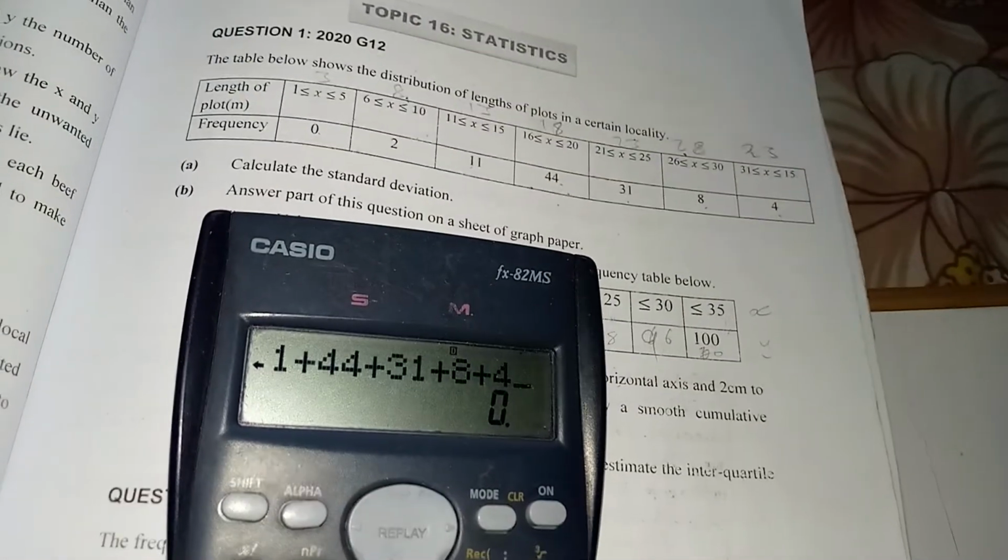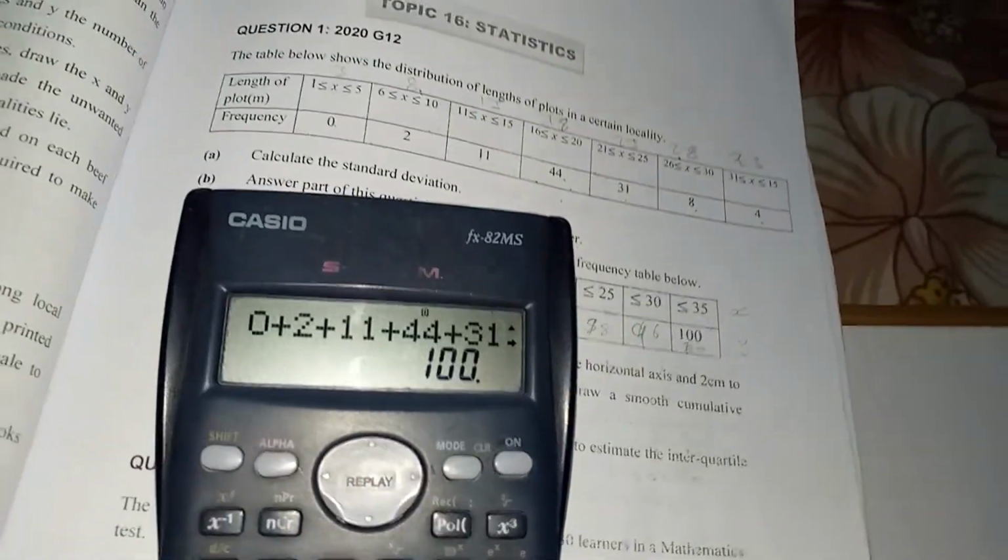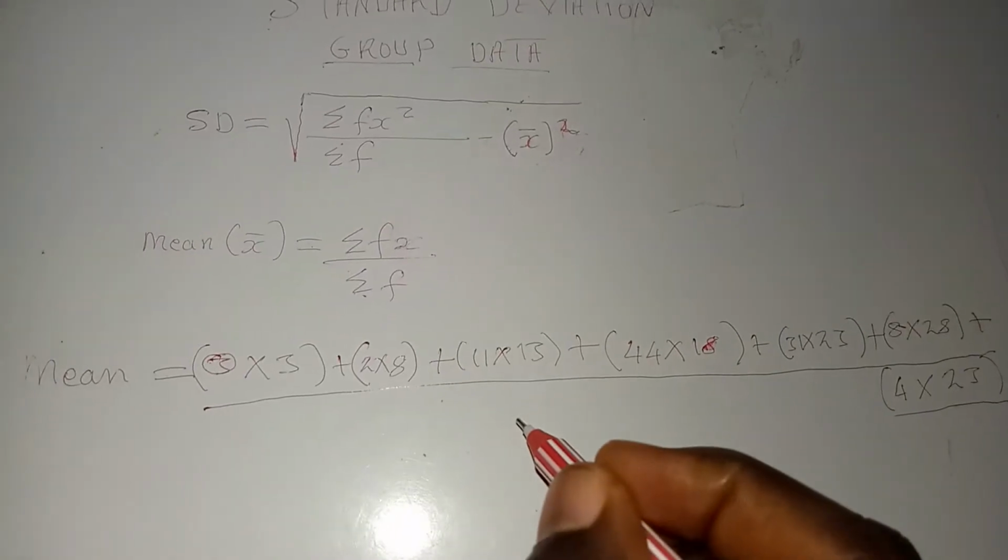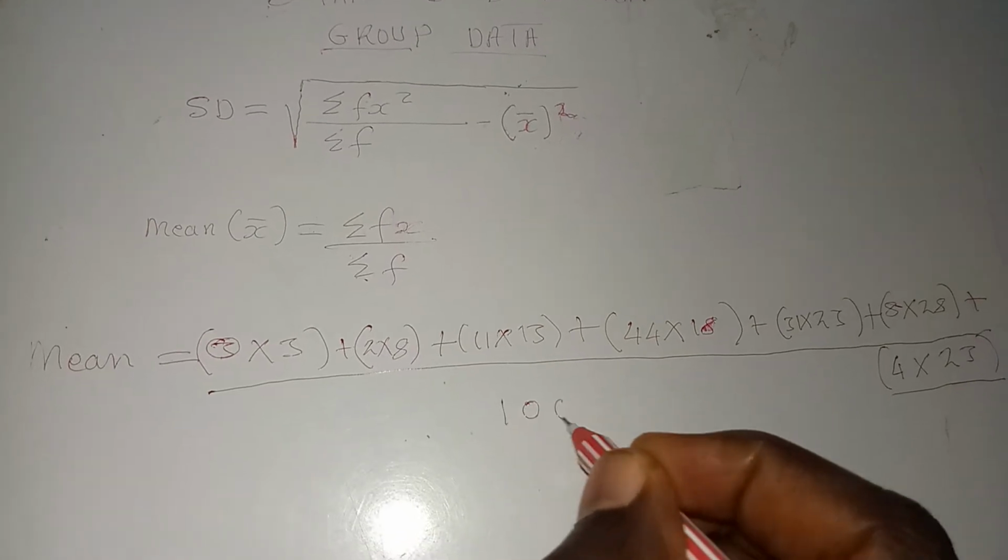Then you get 100. This is the total frequency. So everything is divided by 100.